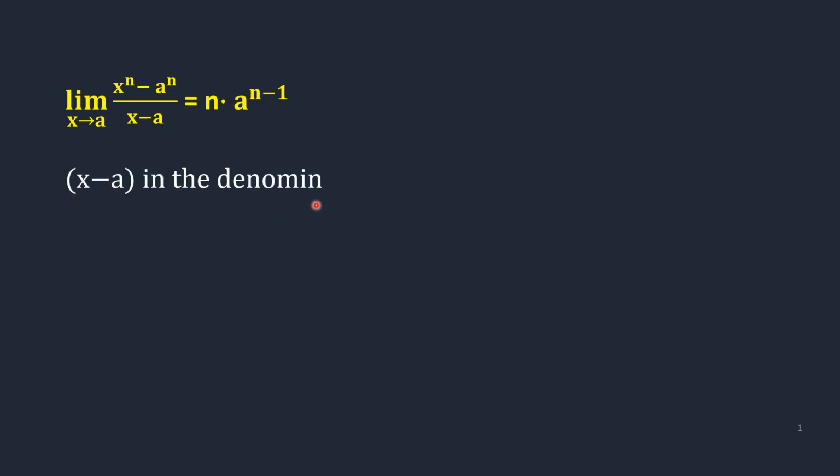Now we will understand how to find the limit of x to the power n minus a to the power n over x minus a as x approaches a, which equals n times a to the power n minus 1. Here x minus a in the denominator is linear, which means the power of x here is 1.